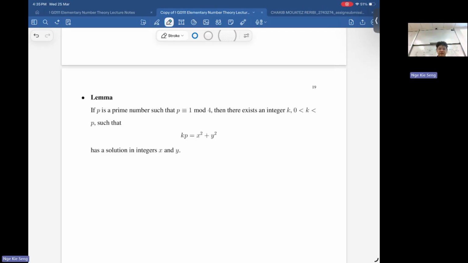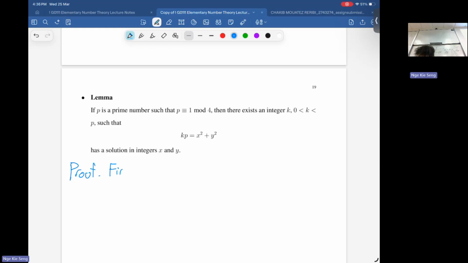Now we prove this. Maybe we can prove this to show you that what we have learned before is really useful. This process is very easy.